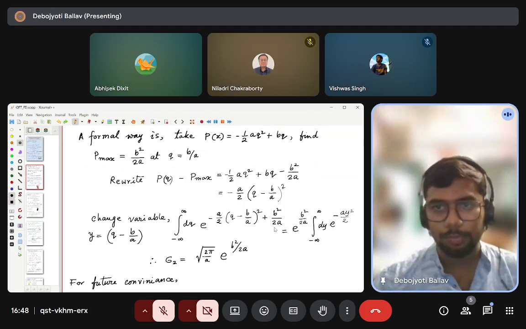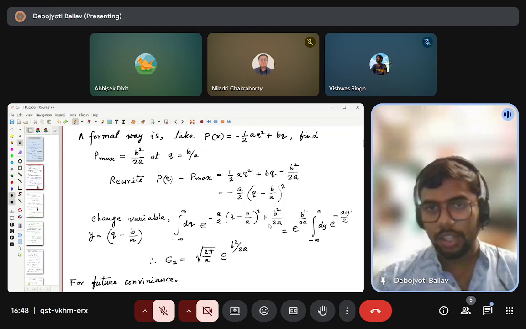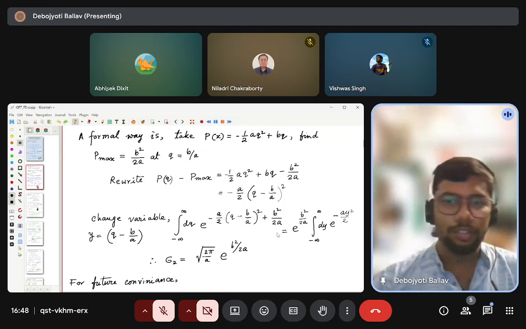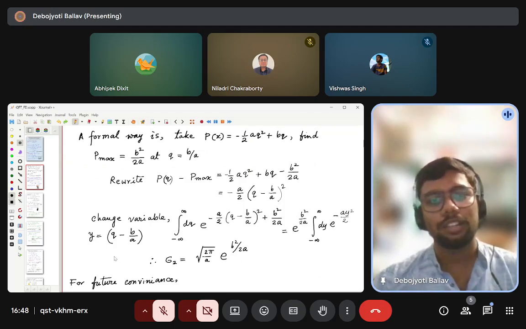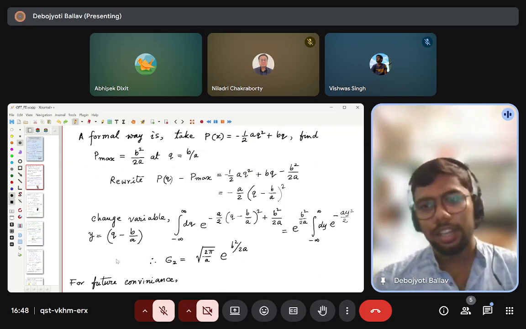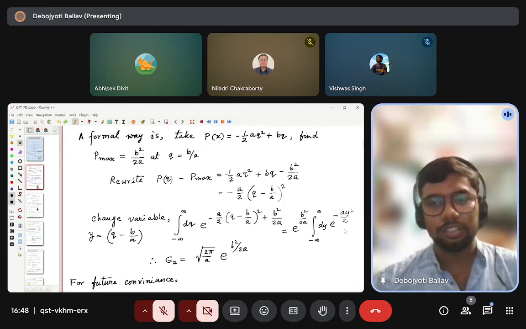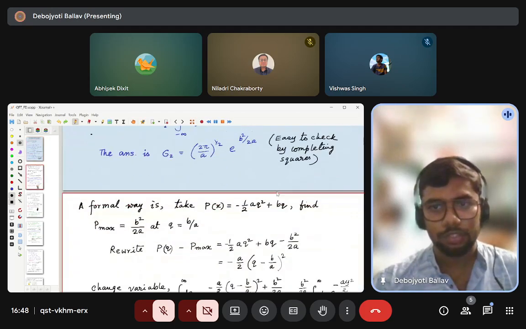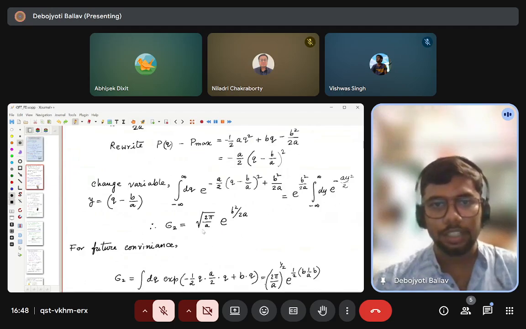Fairly easy stuff. Now this b square by 2a is a constant. It is independent of q. So you can take it out and you can redefine your variable q minus b by a as some y, and you can then integrate. And now this integral is exactly the earlier integral, which is this one. So you know the answer. You can readily write down the g2.